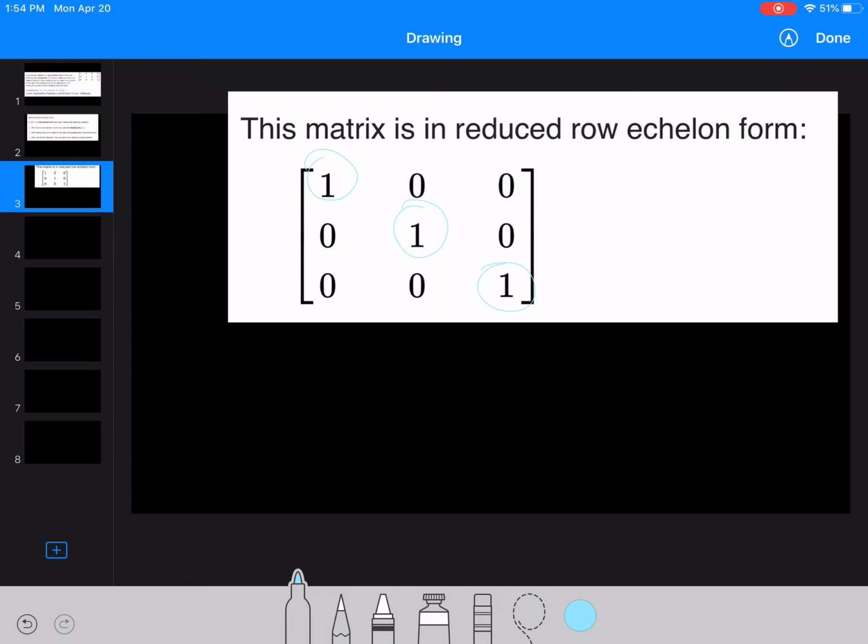So you see in this first one, on the first column, there's a 1, 0, 0. So there's a 0 under the 1. On the second column, there's a leading 1, and there is a 0 on top, 0 on the bottom, so that criteria is met. And on the third column, there's a 1 at the bottom, and there's a 0 on top. So basically, think reduced row echelon form is just like row echelon form, except that there's one additional criteria: your leading terms have to have 0s on top of the 1s.